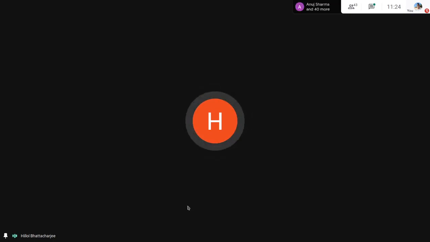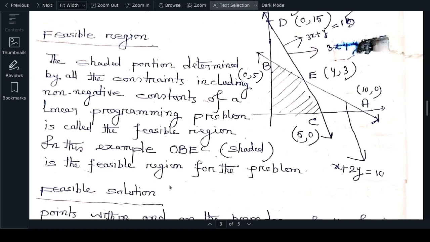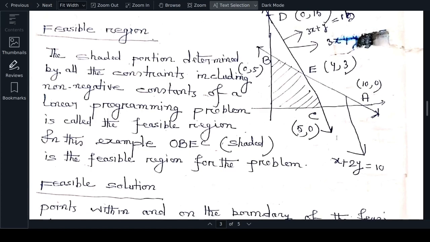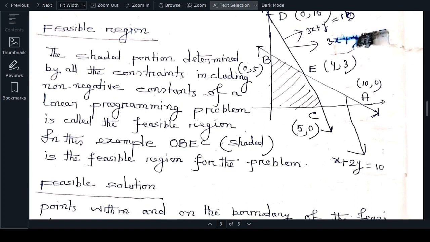Okay, and here you see I have marked the points. D point is (0, 15), C point is (5, 0), B point is (0, 5), A coordinate is (10, 0), then E coordinate is (4, 3). So feasible solution means points within and on the boundary of the feasible region.